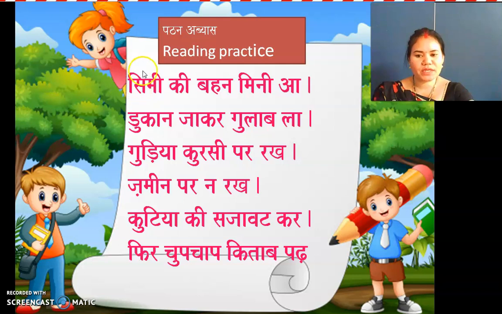Simi, sa and choti ki matra si, ma and badi ki matra mi. Simi. Okay. Ka badi ki matra ki, ba, ha, na. Bahan, mini. Ma and choti ki matra mi, na and choti ki matra ni. Mini, a.